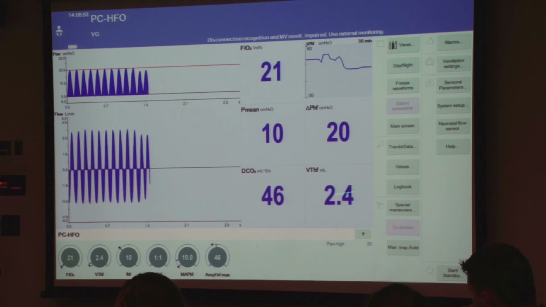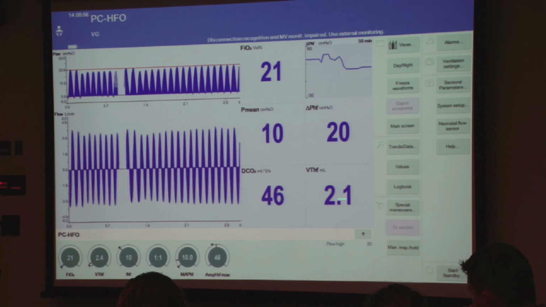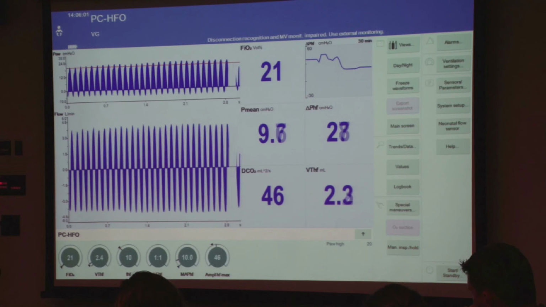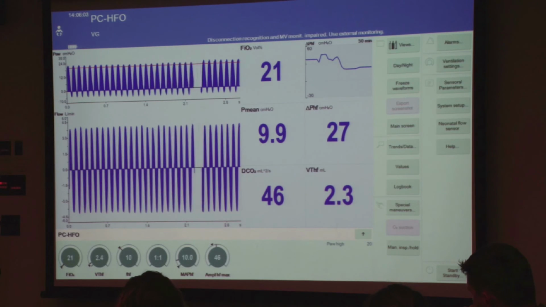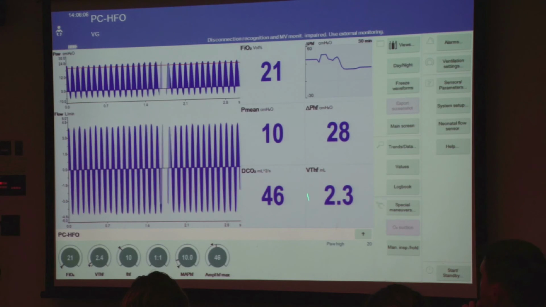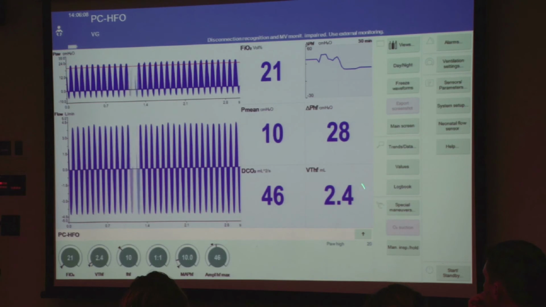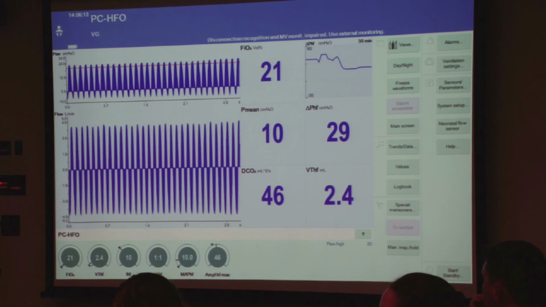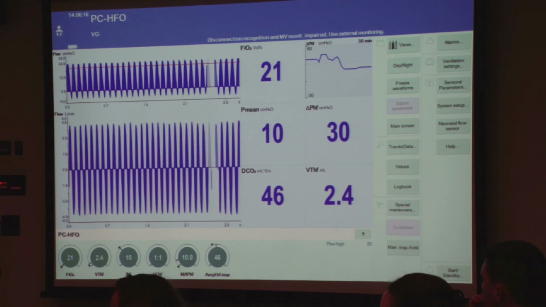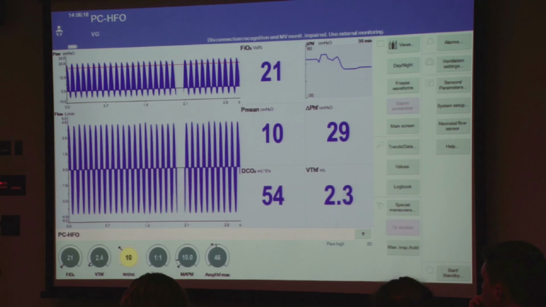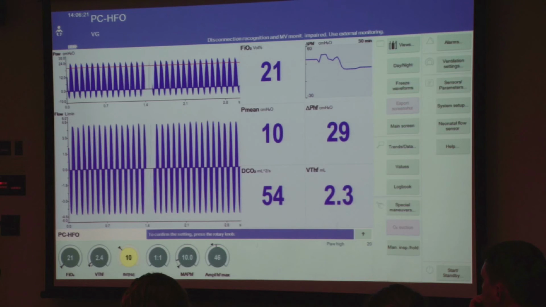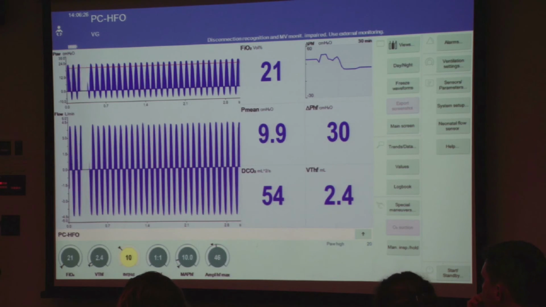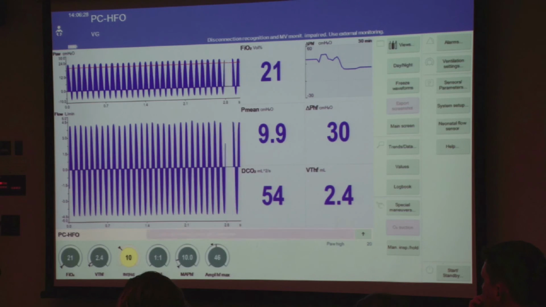Normally these two go together. But since the ventilator is now fixing this parameter, if we change the frequency, it will modify, you see? It will modify that without changing this, because now the system is working differently.